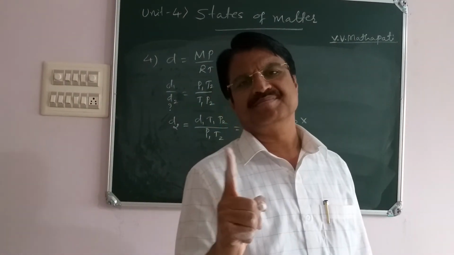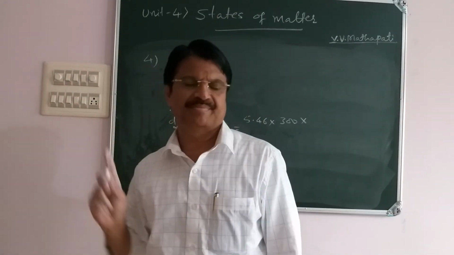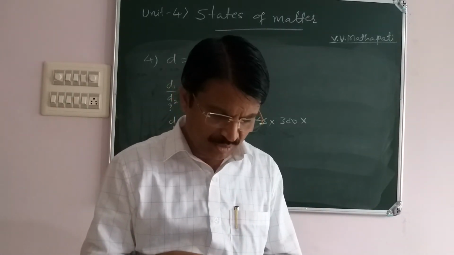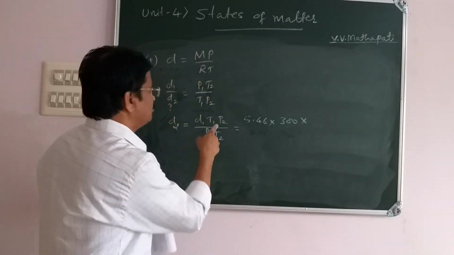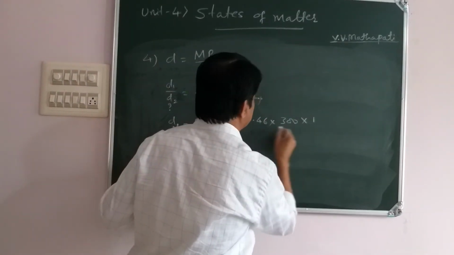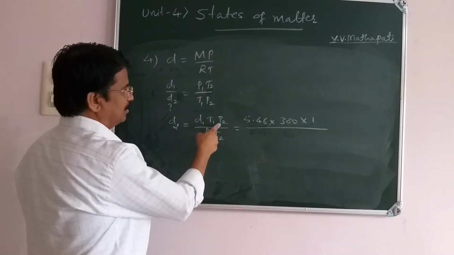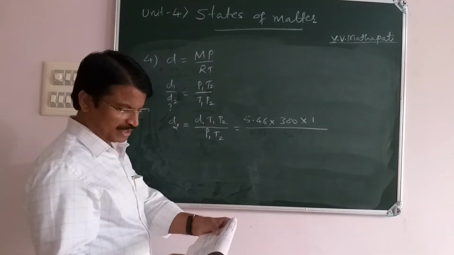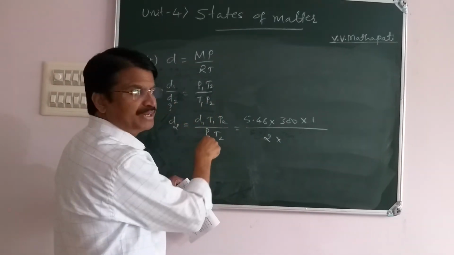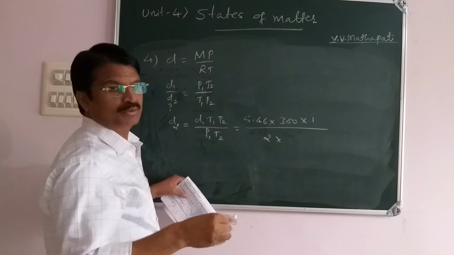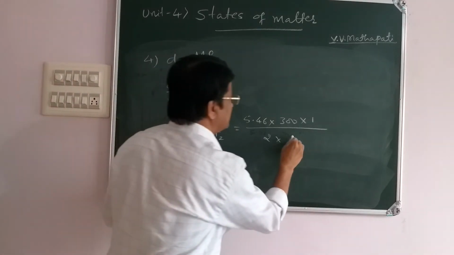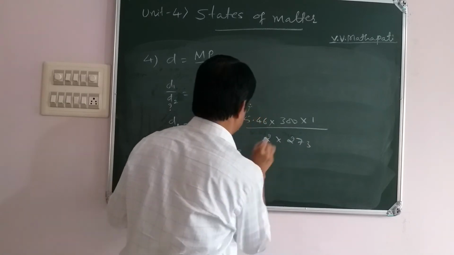Standard temperature is 273 K and standard pressure is 1 bar, because here they give 2 bar pressure. P2 value is 1 bar, and P1 value given in the question is 2 bar, into temperature T2, which here is STP temperature, 273.